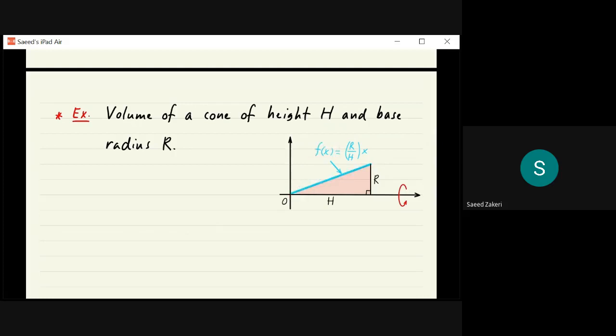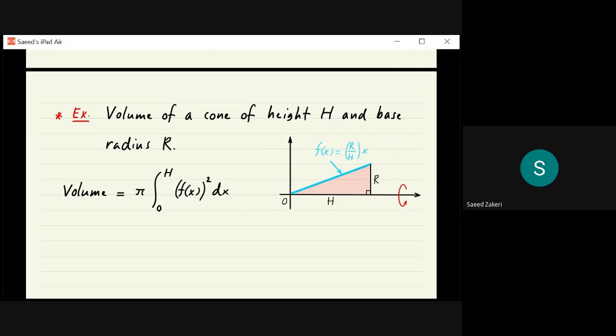So this is exactly the type of problem that I was talking about like 5 minutes ago in the previous slides. So I can say that the volume is pi times the integral from 0 to h of f of x squared dx.